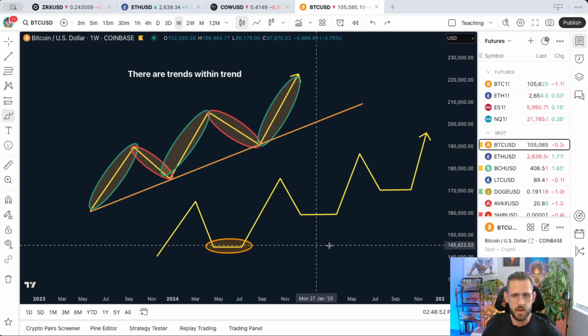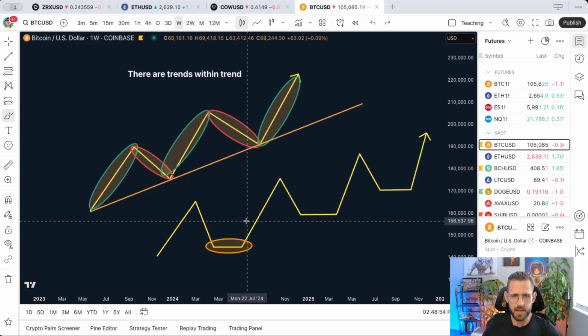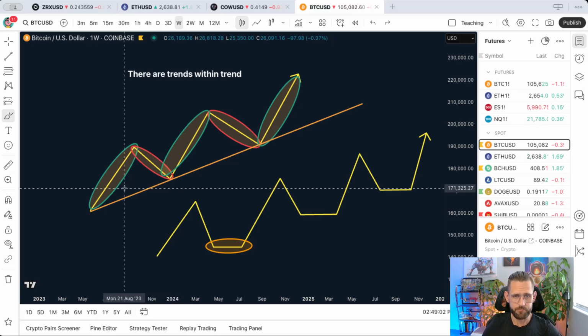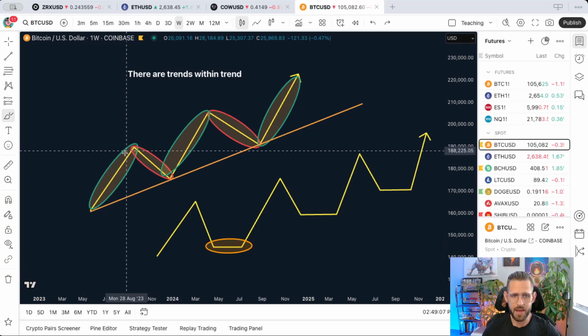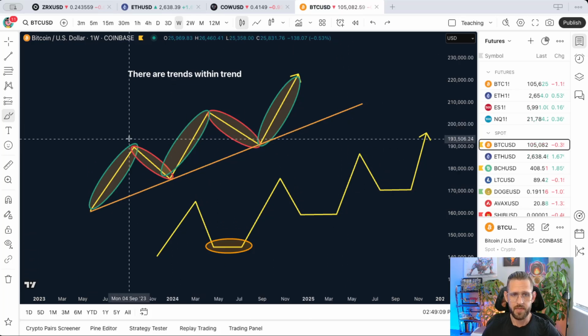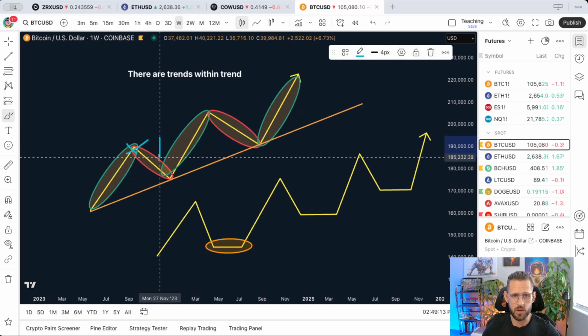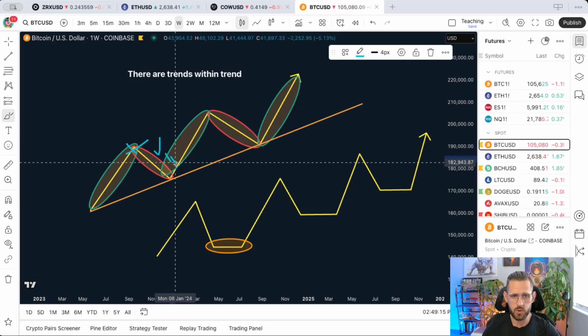Okay? So if you understand trends, you can then start to get an idea of when the market might be conducive for you to get into the market. For example, if the market is in an uptrend and it's very extended away from its major trend line, that might be a bad time to go long and maybe a good time to go short.